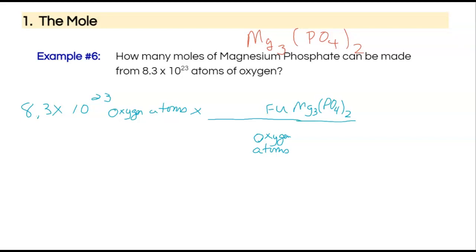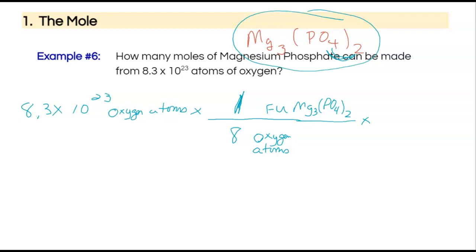When I look at this whole thing, I can see that in 1 formula unit, there are 4 times 2, or 8, oxygen atoms. So by doing this, I'm basically dividing by 8 and grouping my oxygen atoms into particles of magnesium phosphate.